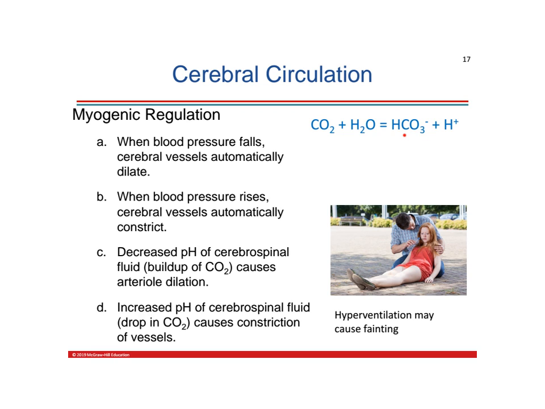But then the carbonic acid can break apart into bicarbonate, which is shown here, and hydrogen ion. So an increase in CO2 will drive the forward reaction rate to be faster than the backward reaction rate. And therefore, you'll have an increase in hydrogen ion concentration within the cerebral spinal fluid, and that means that the pH will decrease. And so this decrease in pH leads to arterial dilation, which will lead to an increase in blood flow through the brain.